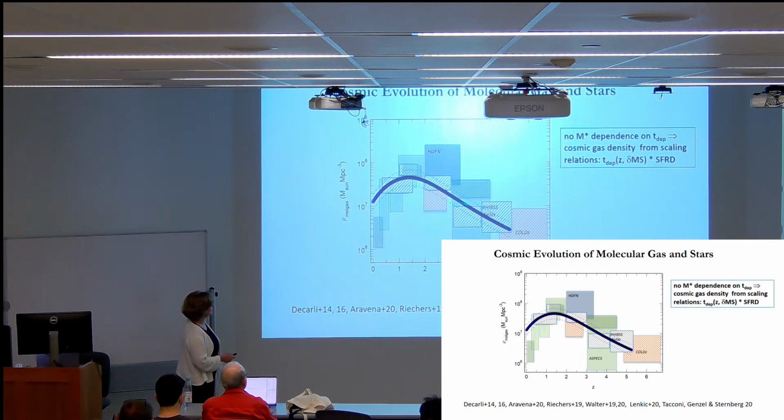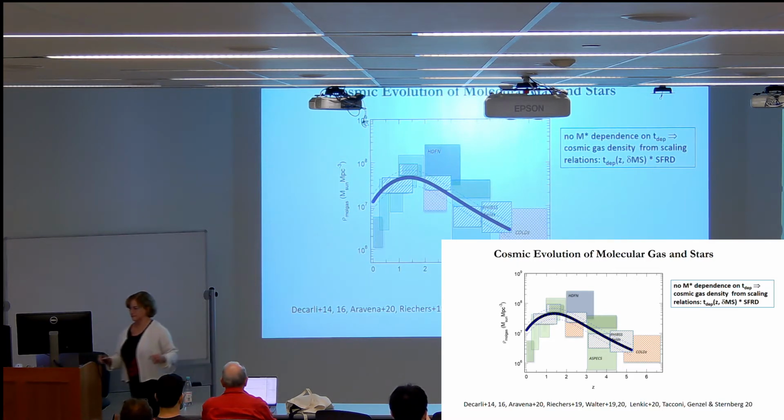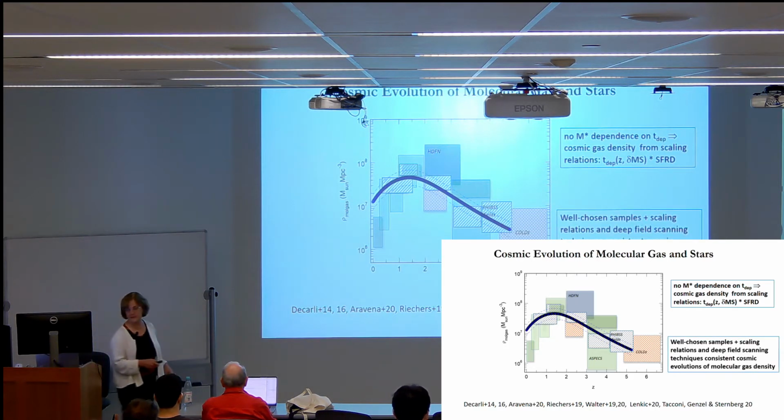And that's what this curve here shows, with the rough uncertainties here, because we have so many sources. And you can see that the agreement is very, very good with the deep field techniques, but that one comes for free on the pointed observations that we have.